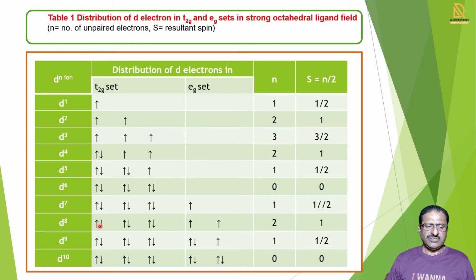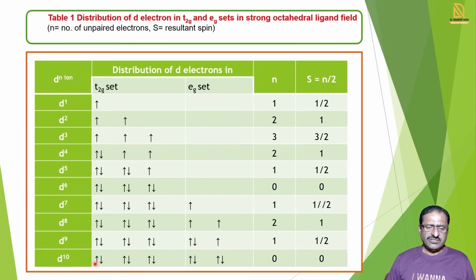In d8, three electrons are singly filled, three are paired, and the remaining two electrons fill Eg singly. In d9, three electrons are singly filled in T2g and the remaining three pair in T2g, then the other electrons fill Eg, first singly and the ninth electron paired.